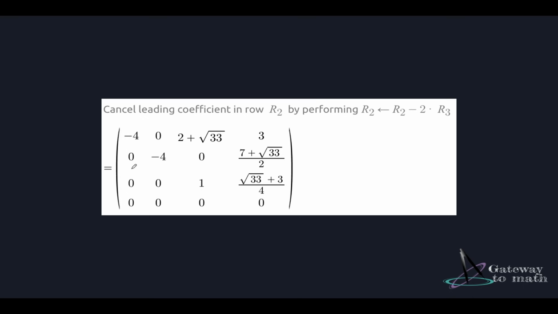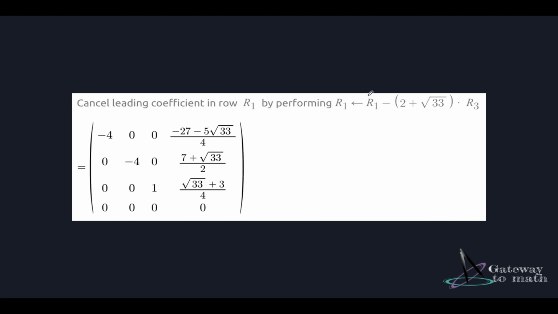So the new value in R2 equals 0, minus 4, 0, 7 plus under root 33 upon 2. Next operations on R1 minus 2 plus under root of 33 times R3. The new value on R1 equals minus 4, 0, 0, minus 27, minus 5 under root 33 upon 4 respectively.